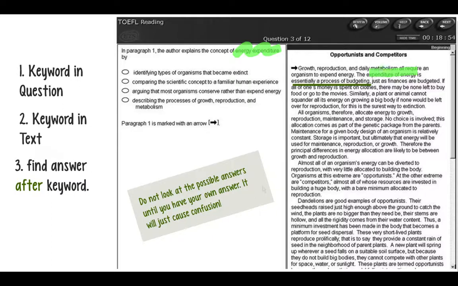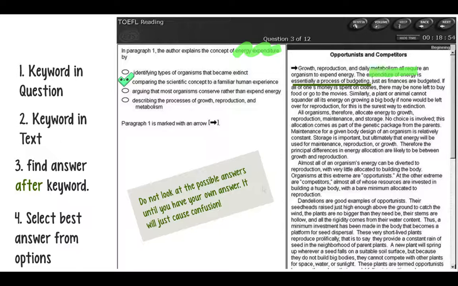Does the writer argue that most organisms conserve rather than expend energy? Maybe. And finally, do they describe the process of growth, reproduction, and metabolism? Well, let's see. I'm going to say it's this item, and here's why. Budgeting is when you control your own money in a way that is very prudent.